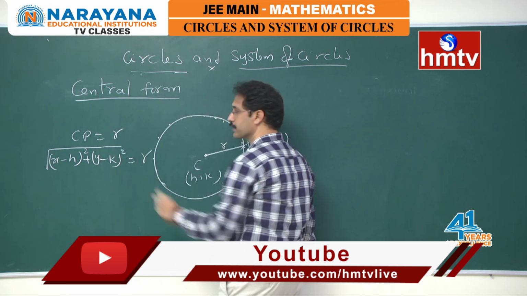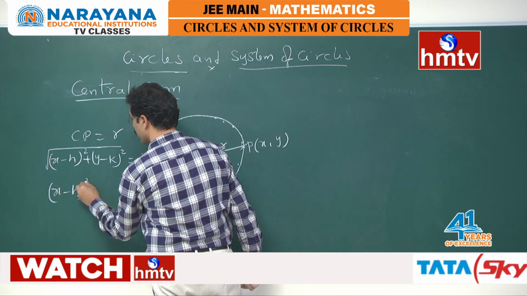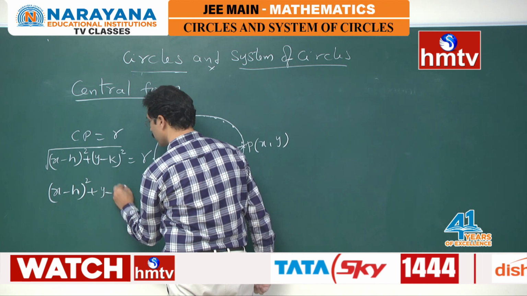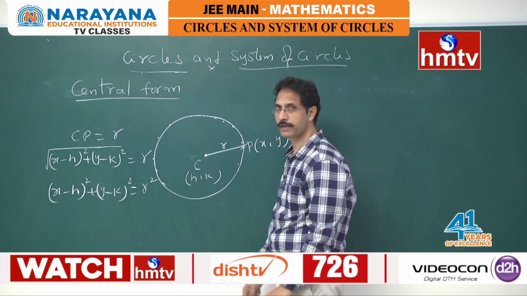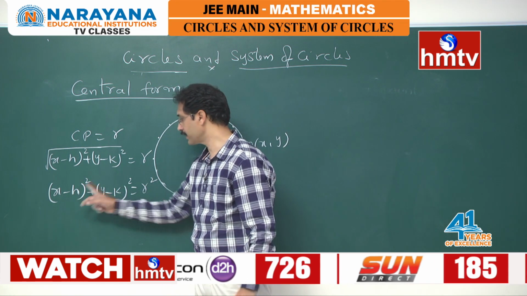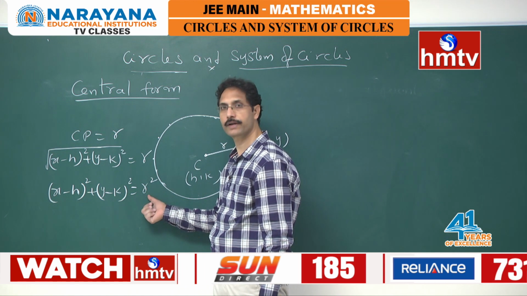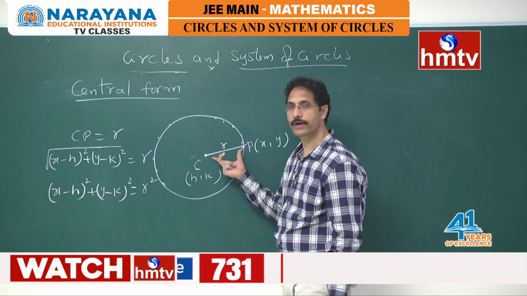On squaring both sides, we get (x - h)² + (y - k)² = r². This is called the equation of the circle in center and radius form. Here the center is (h, k) and the radius is r.